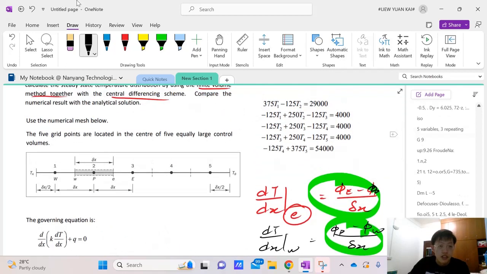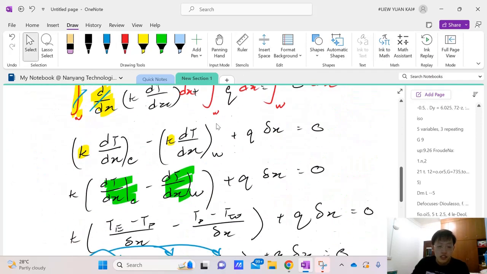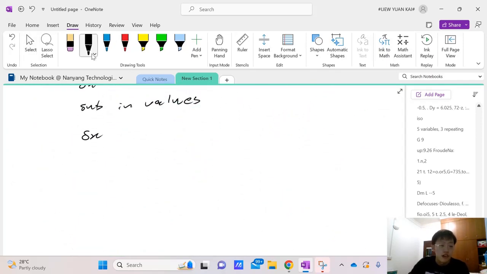So you see, 1, 2, 3, 4, 5. We cut the 2 cm into 5 equal pieces. Therefore, delta x is given by 2 cm, which is 0.02 meters, divided by 5, which is 0.004 meters.